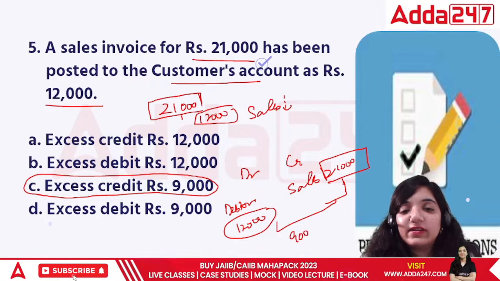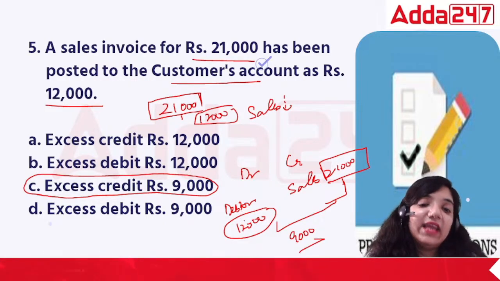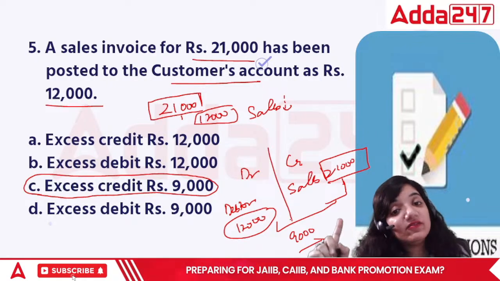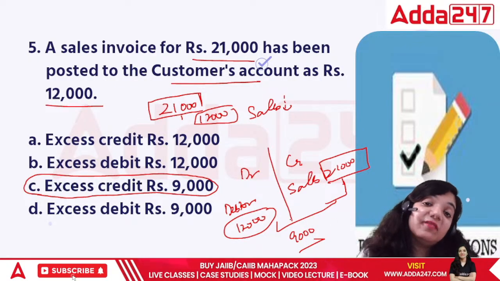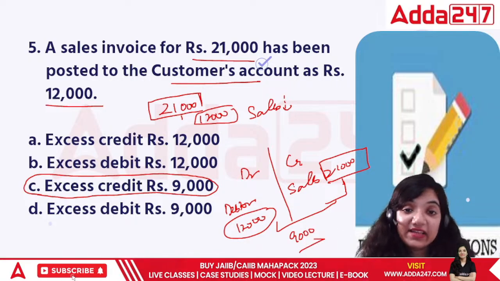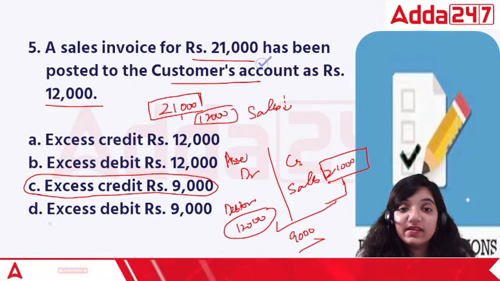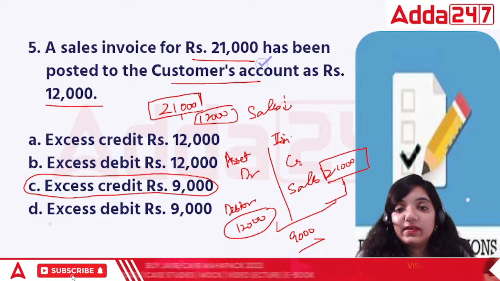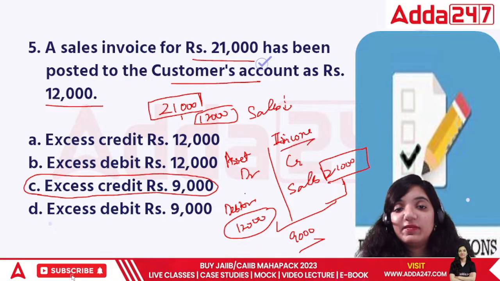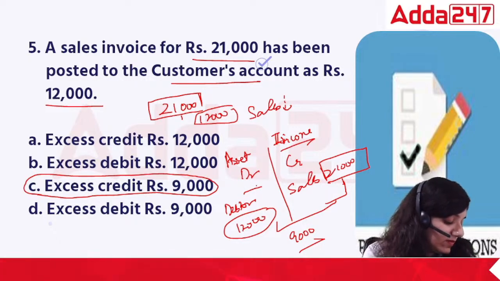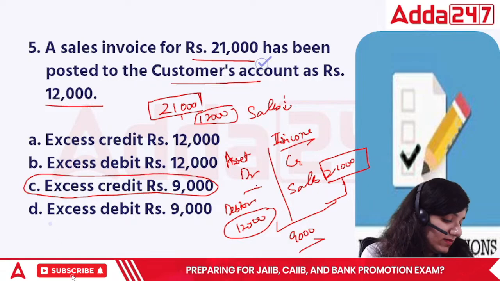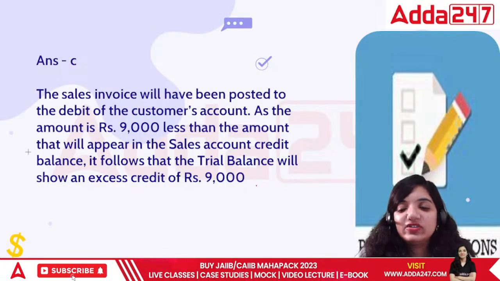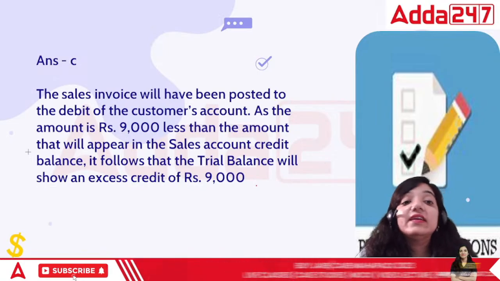Technically it should be noted that 9,000 is less in terms of the debit side, because debit and credit has two elements. First element is debtor, second element is sales. Debtor is an asset and sales is an income. So there is one credit item and one debit item. Done. So my credit side is currently more.